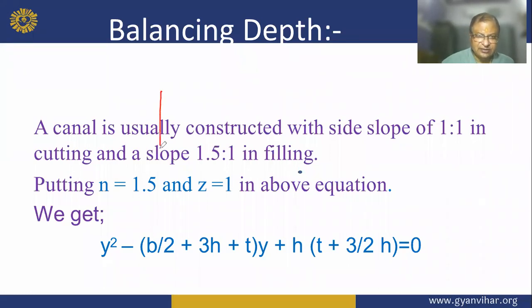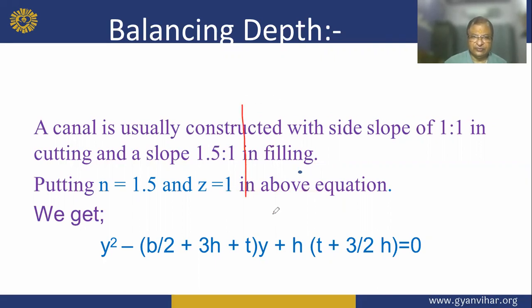If you are running 1 meter and 1 meter, this is 1 meter, this is 1 meter. So this slope is called 1:1.